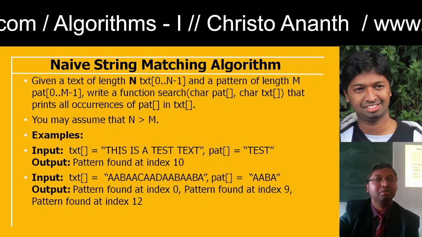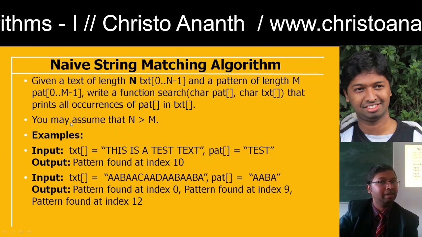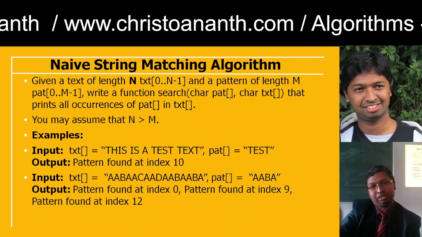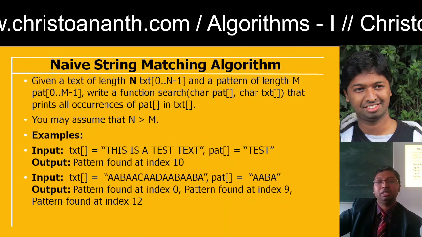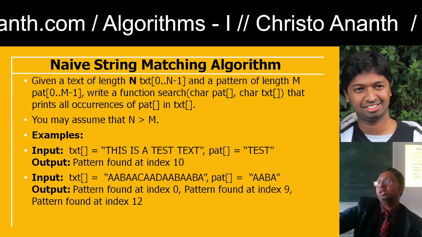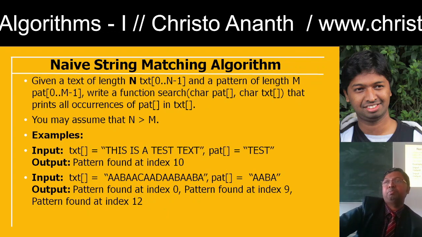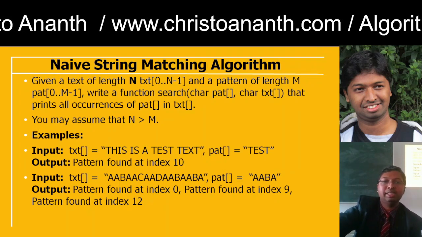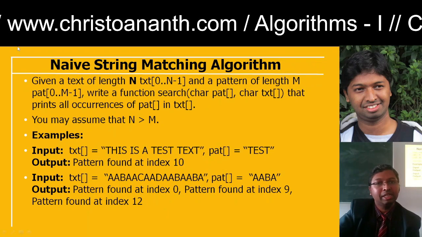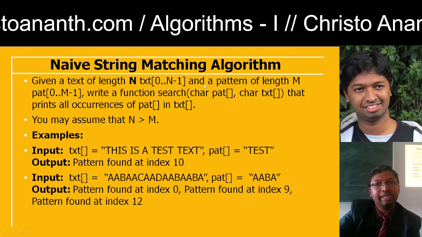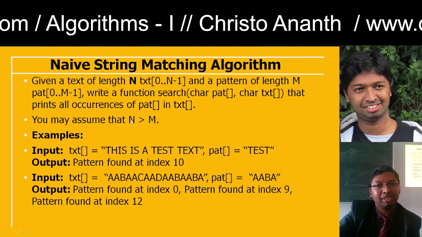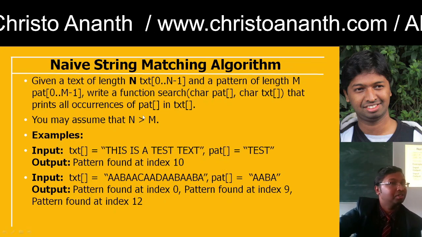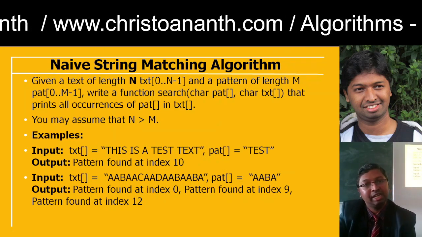Let us take a case where we have a text of length n, from 0 to n minus 1, and a pattern from 0 to m minus 1. We are producing a function search with the pattern and the text. You pre-assume that the text size is greater than the pattern size, so n is greater than m.